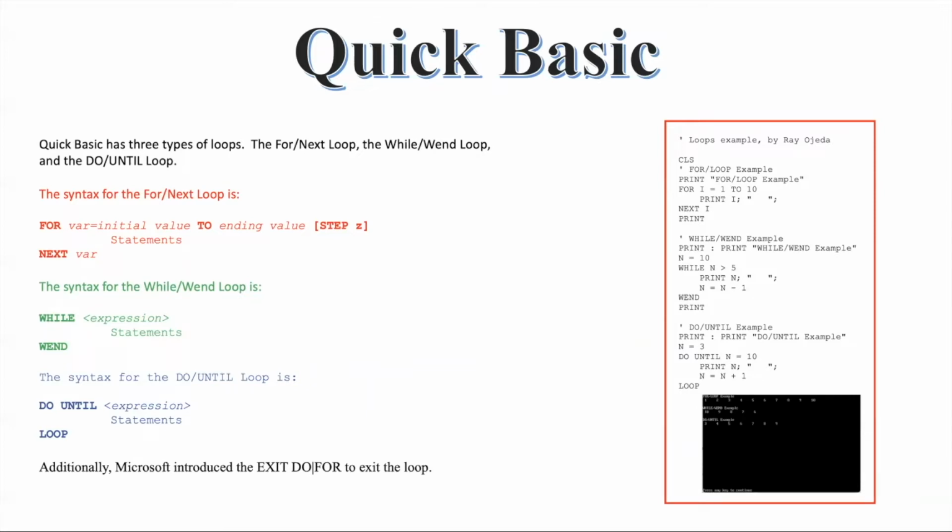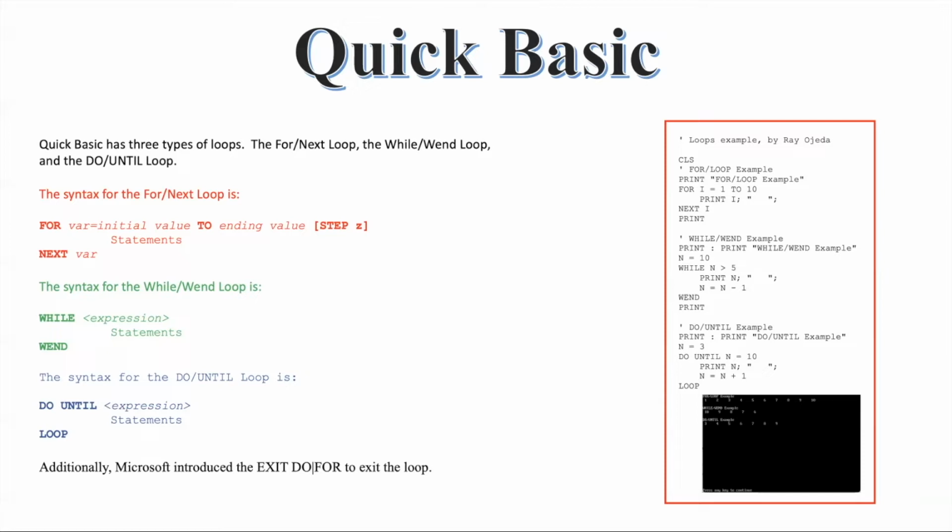So even though it says do until, I'm doing that condition there instead of a while when. In Quick Basic now they're expanding. Additionally, even though my examples don't have this, they have the exit do or exit for. Like again, maybe I wanted to print the numbers from 1 to 10 except number 5.